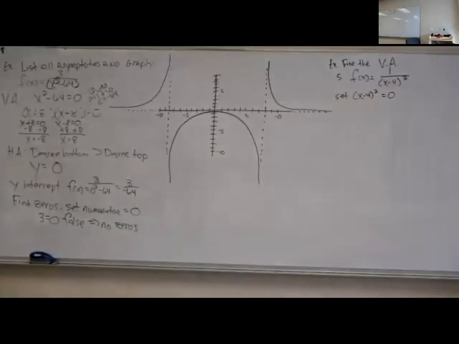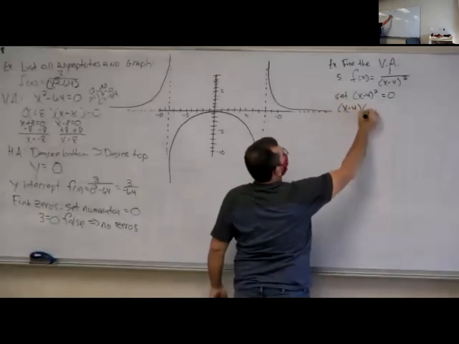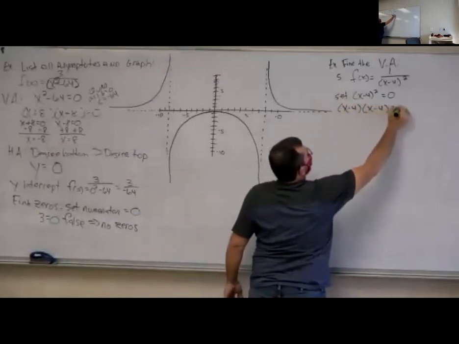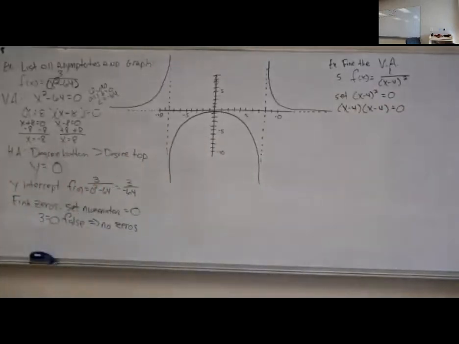So (x minus 4) squared, write that twice, right? (x minus 4) times (x minus 4) equals 0. Remember, do not FOIL that because then you're going the wrong direction. We just want to get answers out of that.